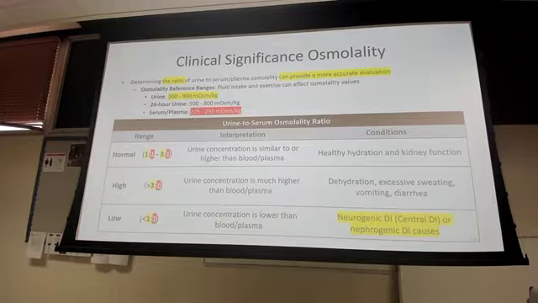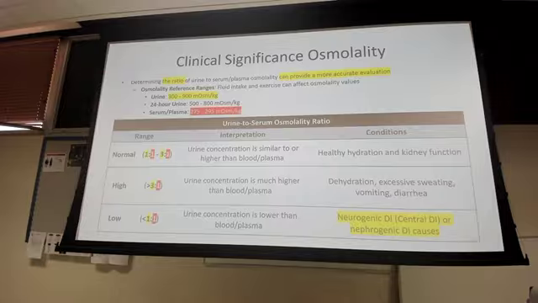If you see a 3 to 1 where the urine concentration is higher than the blood and plasma, this will indicate dehydration, excessive sweating, vomiting, or diarrhea. And then lastly, if you see the urine concentration lower than the blood or plasma concentration, you're thinking neurogenic diabetes insipidus or nephrogenic diabetes insipidus, okay?